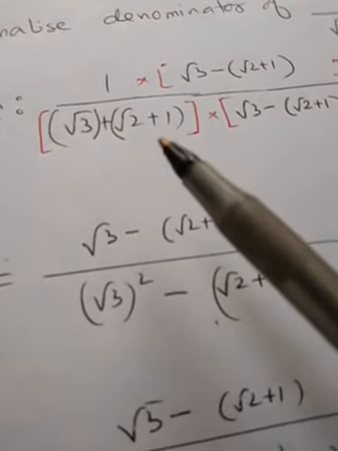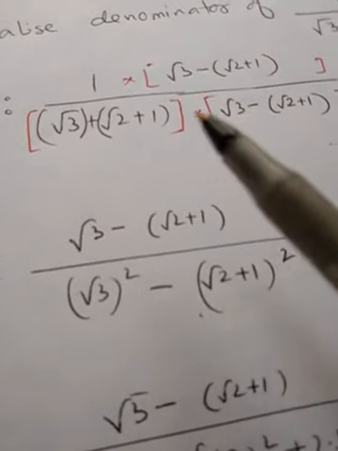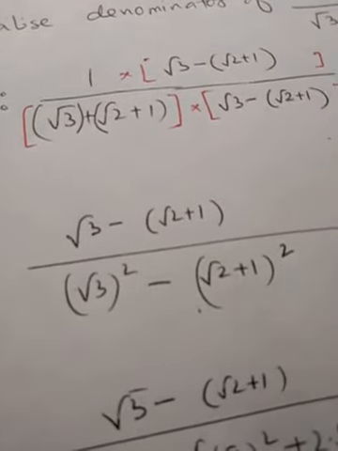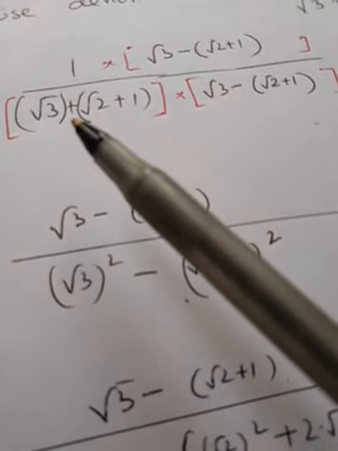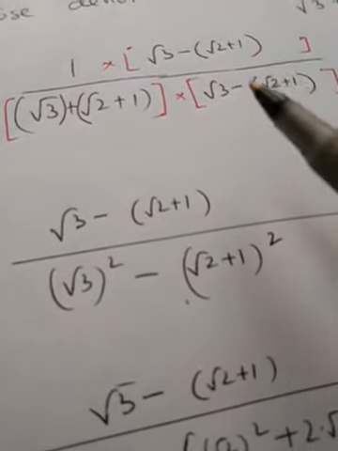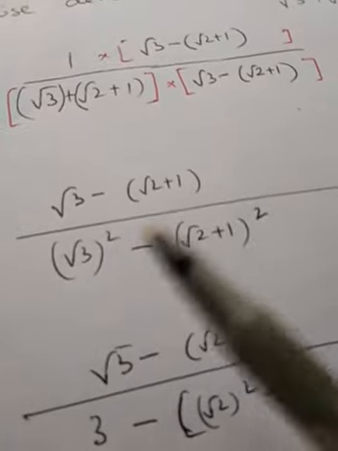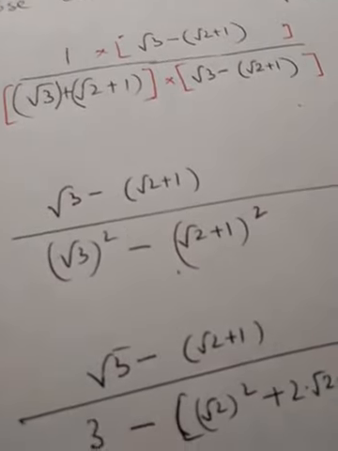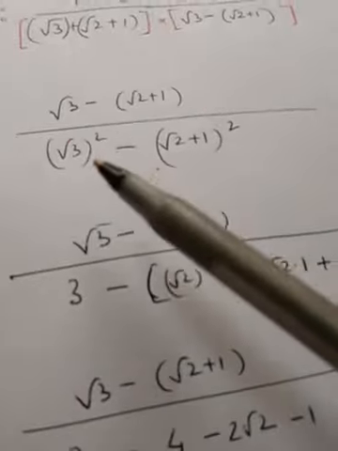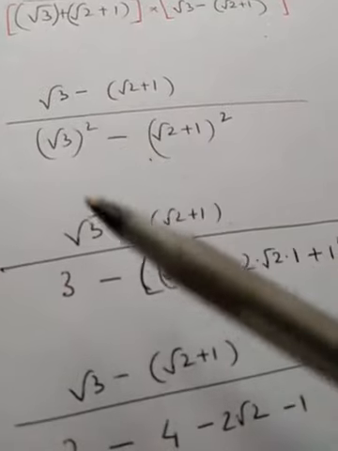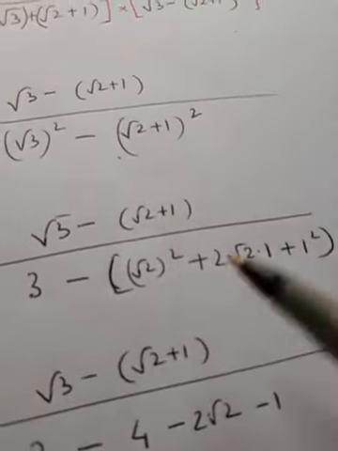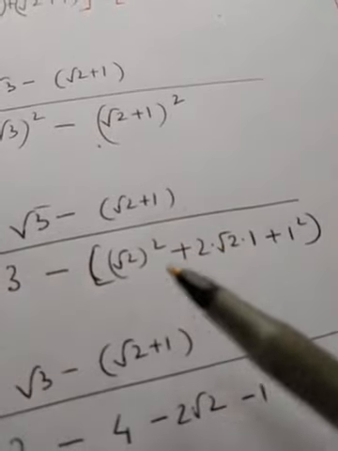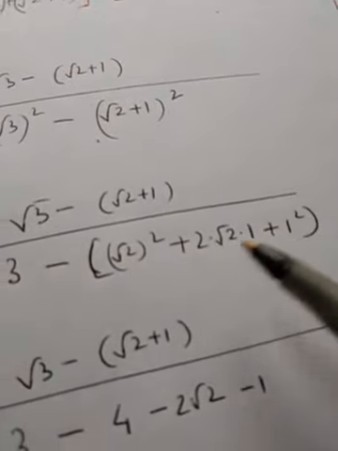So as usual, we have multiplied both numerator and denominator by these two terms with opposite sign, that is minus. And then here we have used the a square minus b square identity. Then this is root 3 square, so 3, and here we have used the a plus b whole square identity. So a square plus 2ab plus b square.